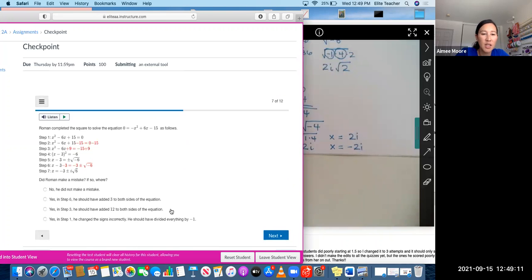Okay, Roman completed the square to solve the equation 0 equals -x squared plus 6x minus 15. Go ahead and look over Roman's steps and then tell me if he made a mistake, and if he did, where he made that mistake.